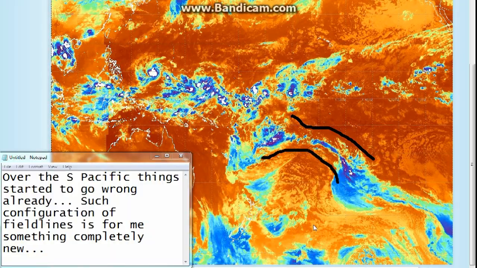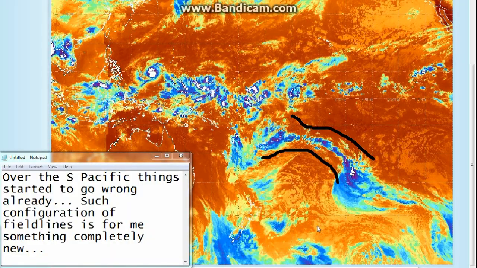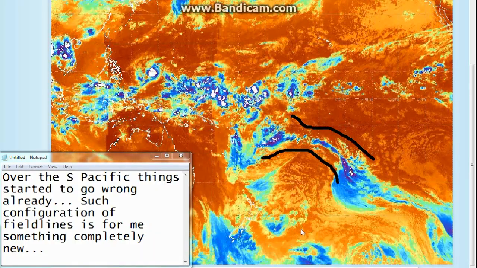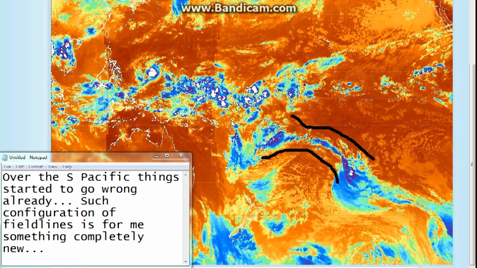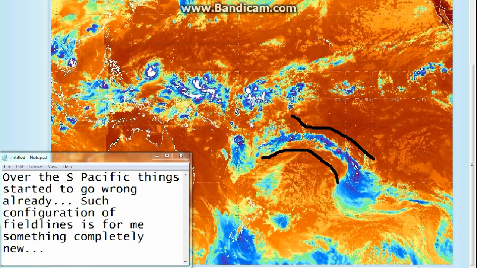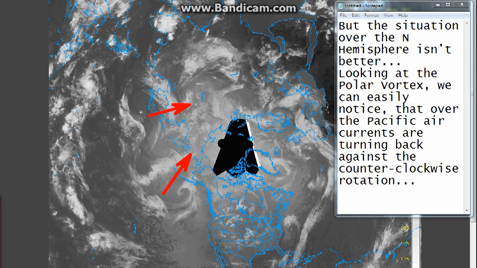Over the South Pacific, things started to go wrong already. Such configuration of field lines is for me something completely new. But the situation over the northern hemisphere isn't better. Looking at the polar vortex, we can easily notice that over the Pacific, air currents are turning back against the counterclockwise rotation.